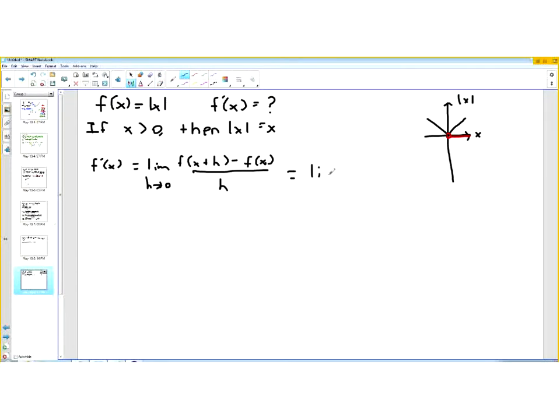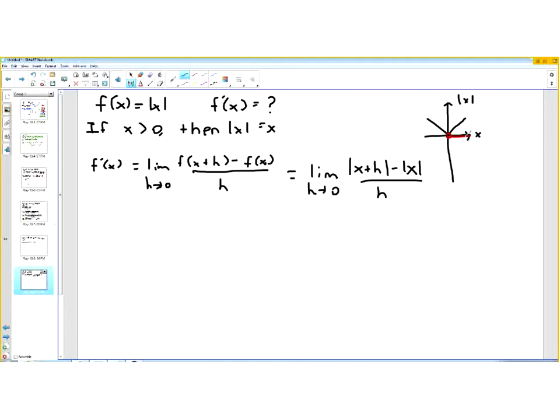So that would be the limit as h approaches 0 of the absolute value of x plus h minus the absolute value of x divided by h. Now what is this limit? x is greater than 0, so we're talking about values of x on this red ray.